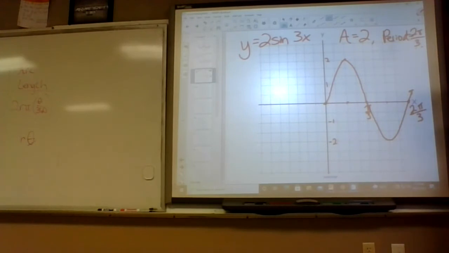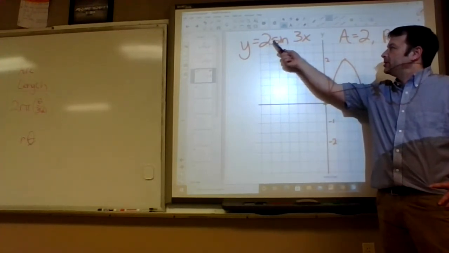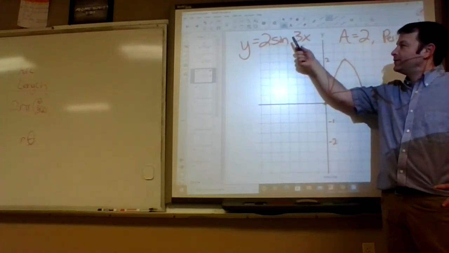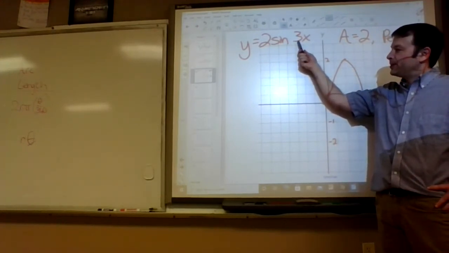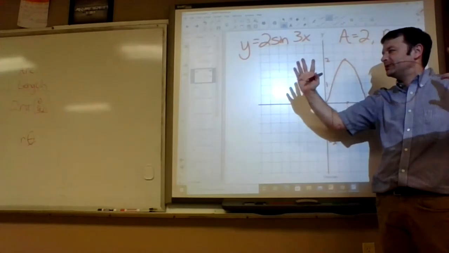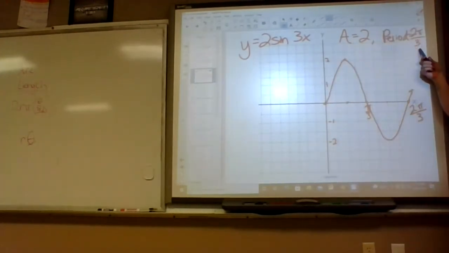And so the period is always the number before the x. This is the amplitude, yes. The period normally is 2 pi if you don't mess with it. But if there's a 3 there, it's happening 3 times faster, so the period is a third of what it was. That's why it's 2 pi over 3.